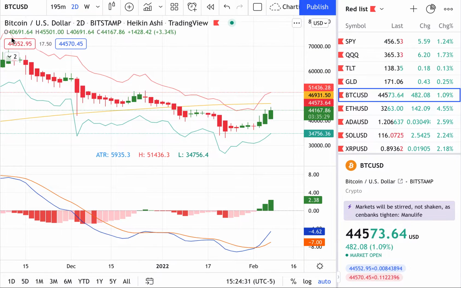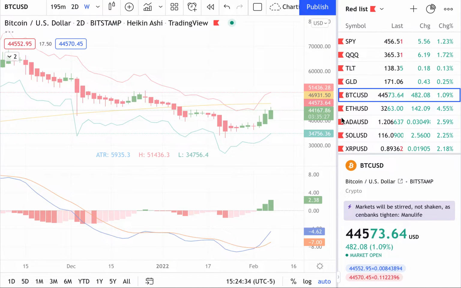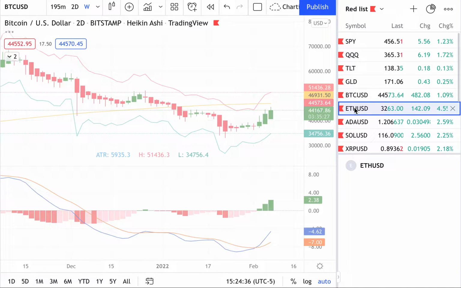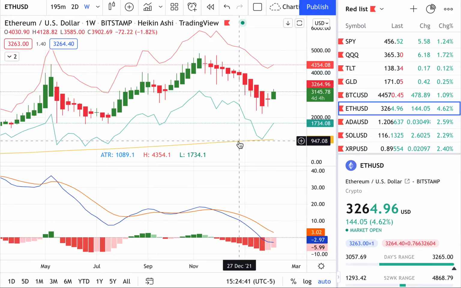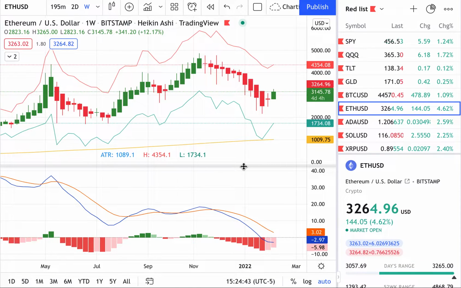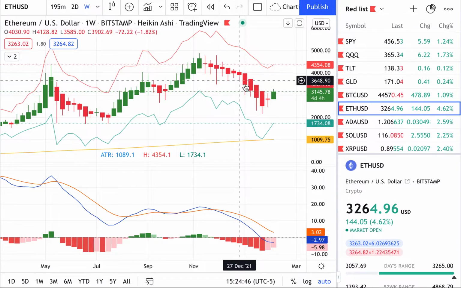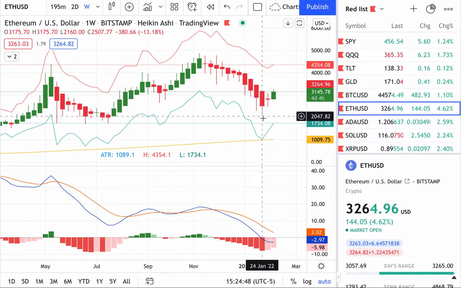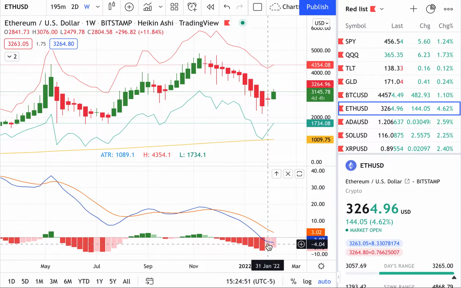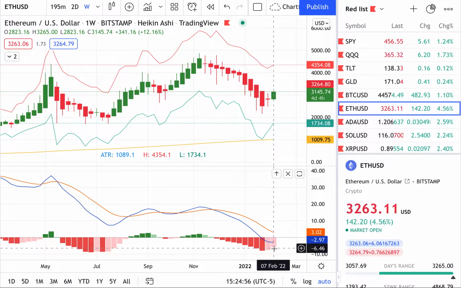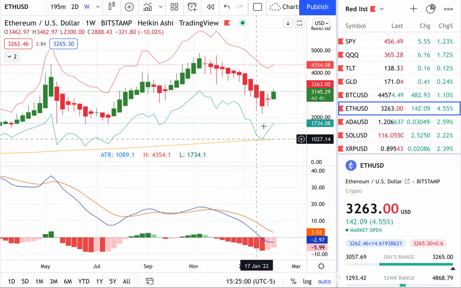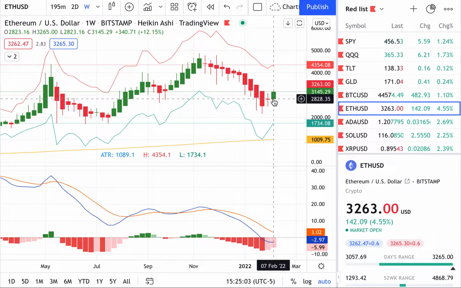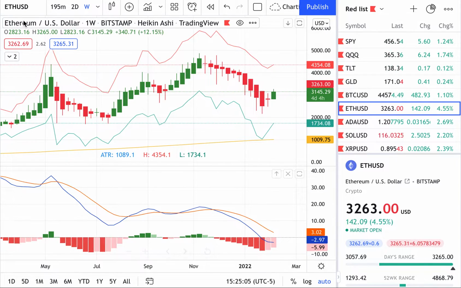Now, let's go back to the weekly chart and take a look at where Ethereum is these days. As we go to Ethereum, we can see it is above the 200 period moving average on the weekly chart. We have had a long series of lots of down movement, but again, a green up candle's trying to form there. As we're at Wednesday on a weekly candle, price percent oscillator is still heading down a little. We see the histogram showing a slowdown in that down movement, but of course we haven't had a crossover yet.